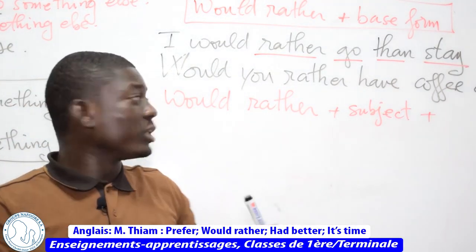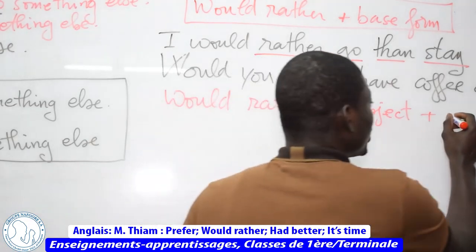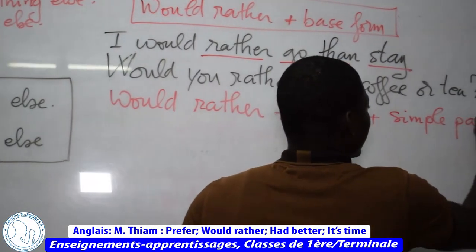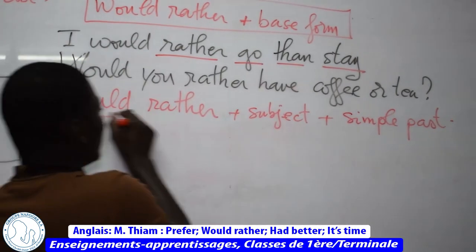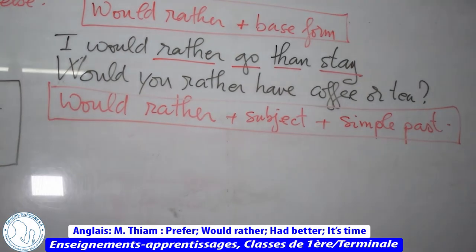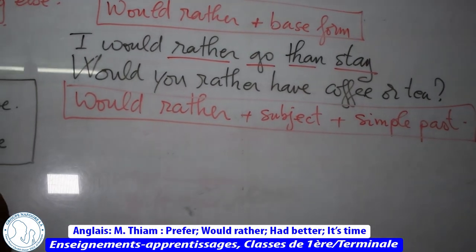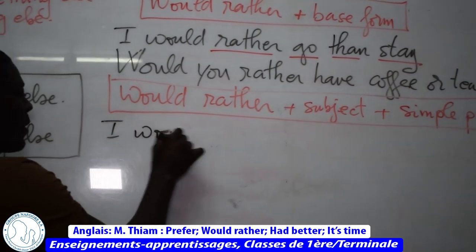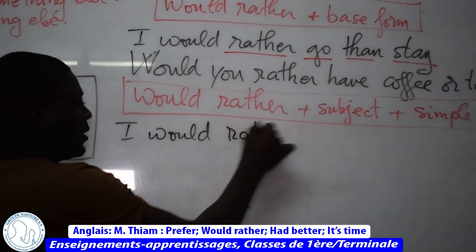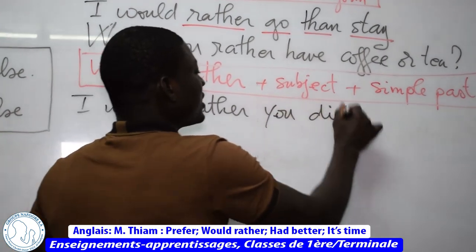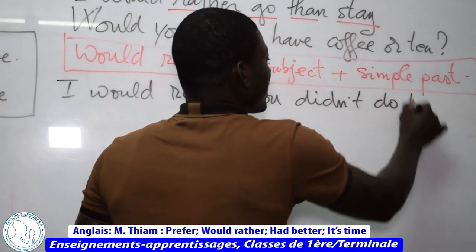No. We're going to have a tense, which is the simple past, of course. So, everything will change in this use. Okay, would rather. Example. I would rather you didn't do that.